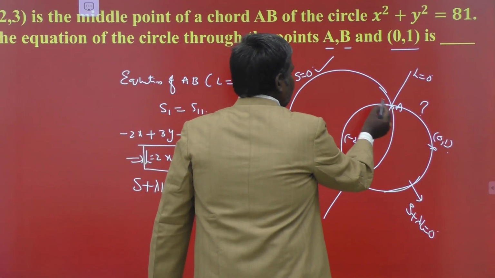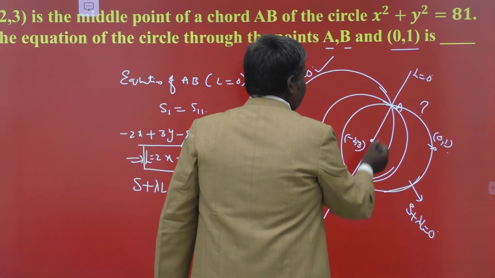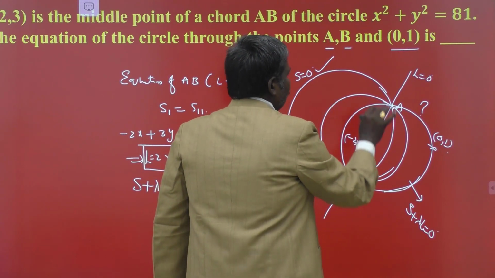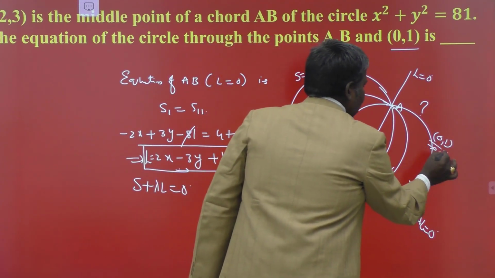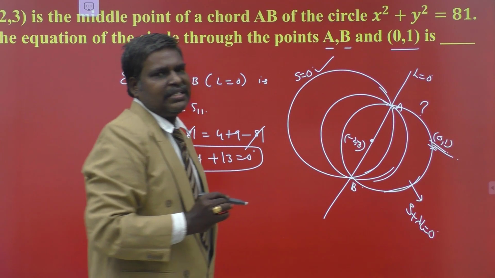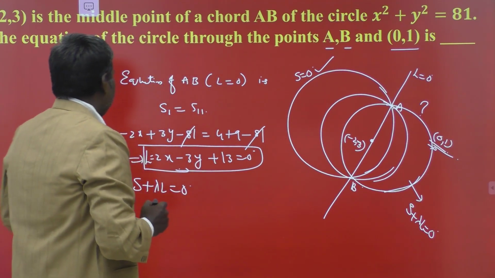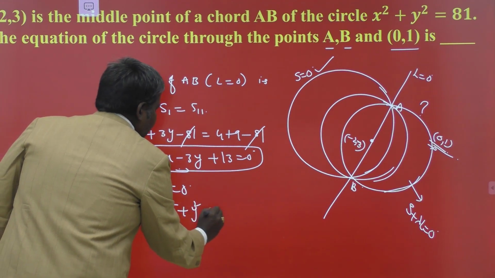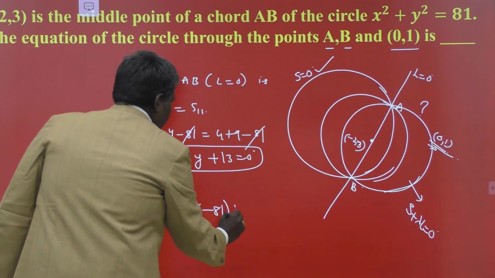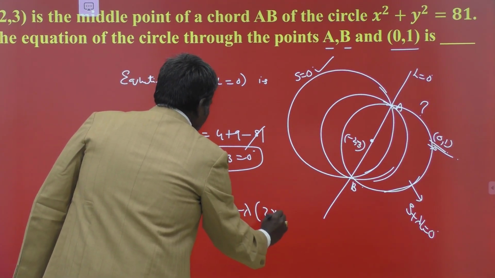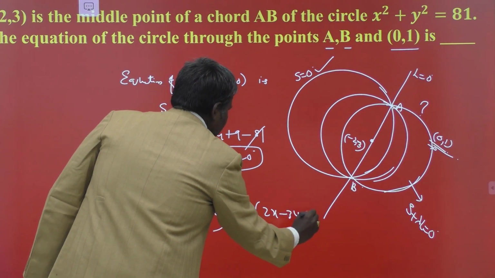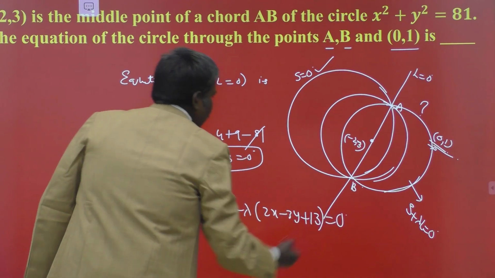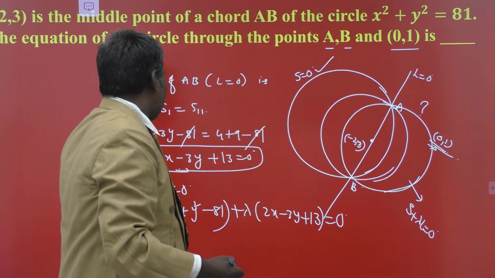You can draw an infinite number of circles through A, B, but we don't want all those circles. That circle just passing through (0, 1) is enough for you. So x square plus y square minus 81 plus lambda times (2x minus 3y plus 13) equal to 0. Now you just substitute (0, 1) here itself.